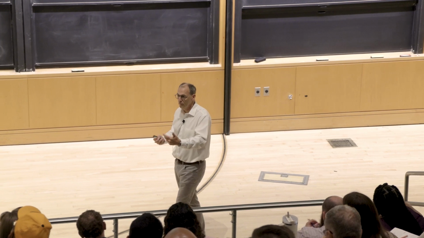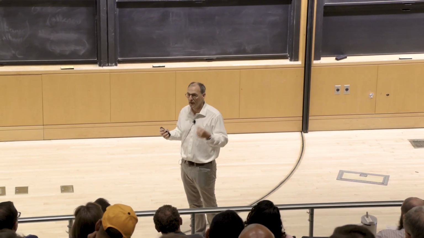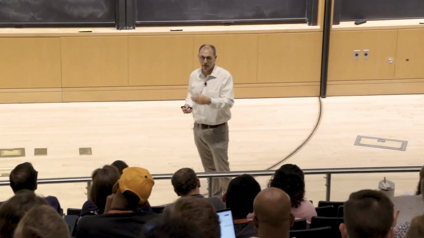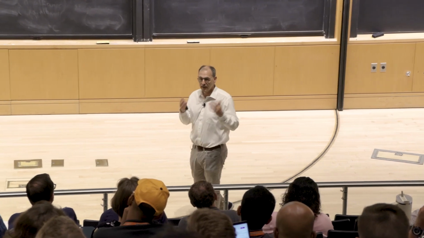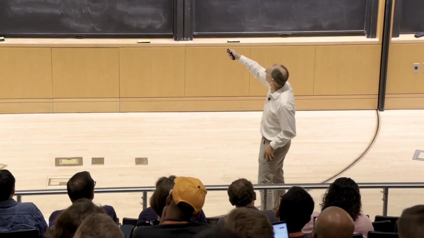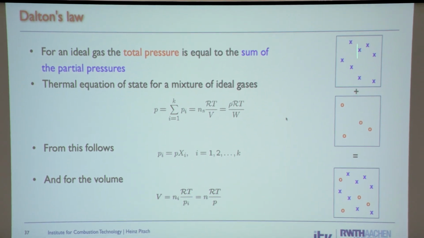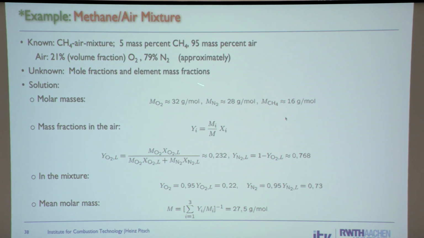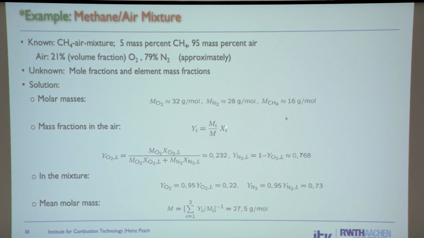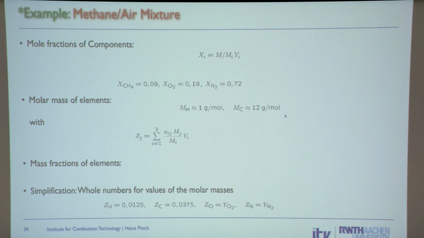You first put 21 bar oxygen in the tank, and then 79 bar of nitrogen, and then you have a mole fraction composition like the air. Each of these molecules, of course, takes the entire volume. There's an example here of how to compute mass fraction, mole fraction, how to convert them into each other, element mass fraction. If you can't sleep tonight, that's what you can do.